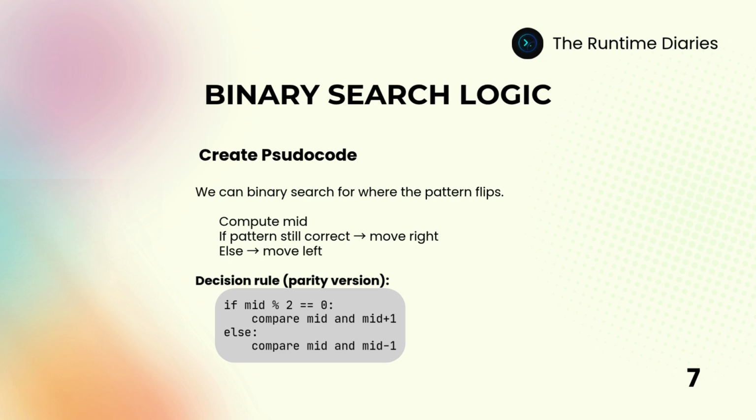Compute mid. If the pattern is still correct, move right, otherwise move left. For the parity version, if mid is even, compare mid and mid plus 1. If mid is odd, compare mid and mid minus 1. Wherever this pattern fails is where our single element lives.